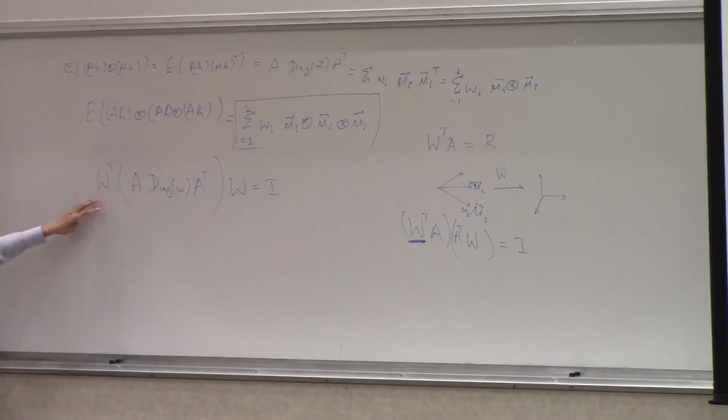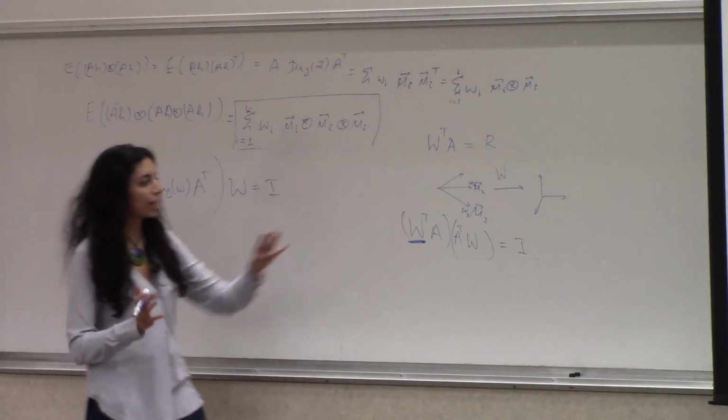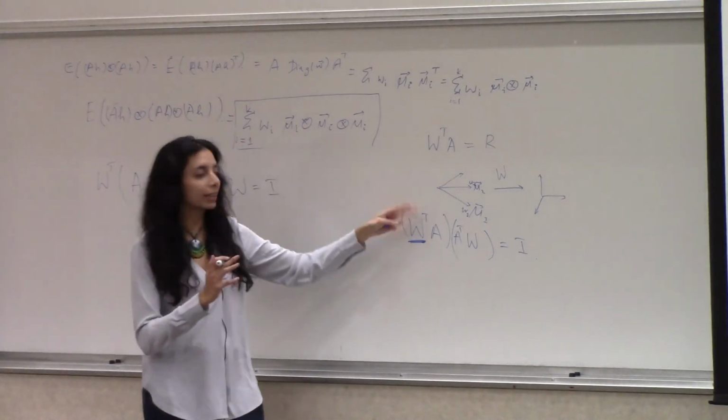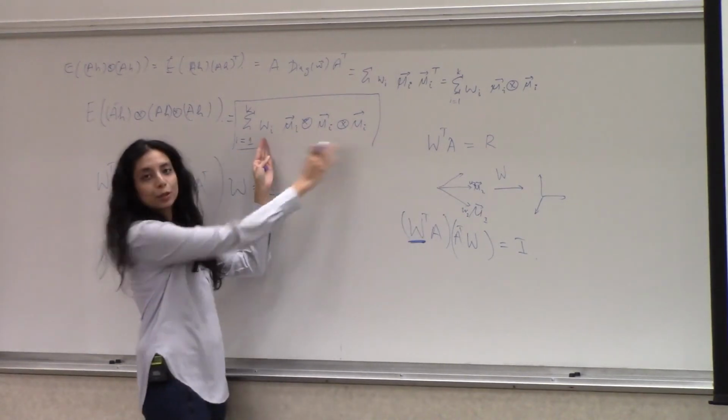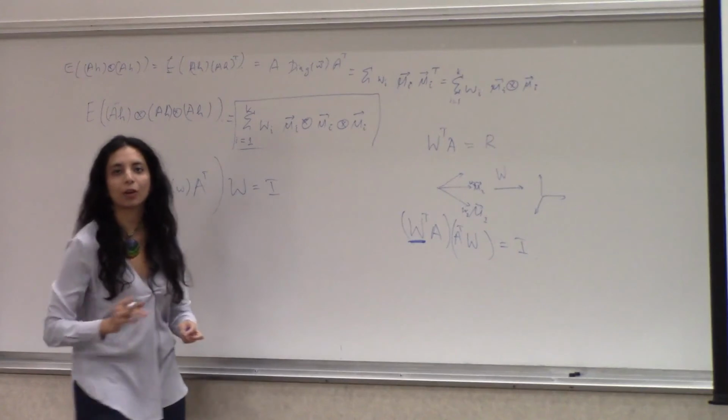So if I do this whitening transform, I can change the system, change the decomposition I want to recover, into an orthogonal system.